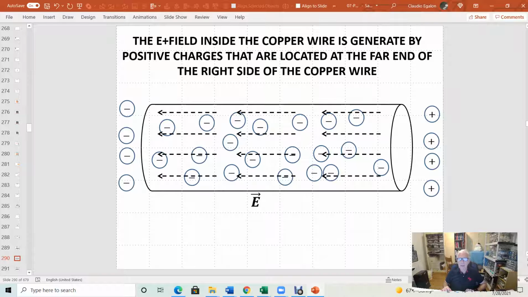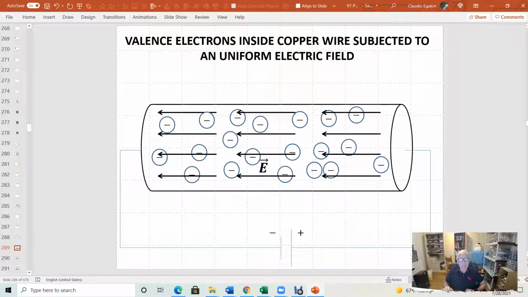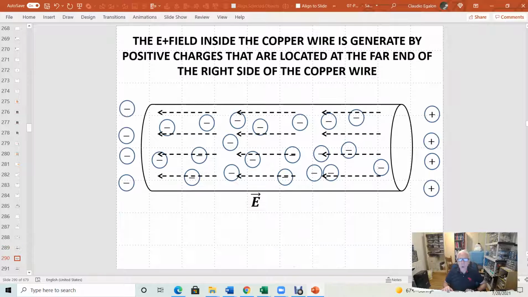When you put a battery here, it is as though we have a distribution of positive charges on one extreme of the wire and a distribution of negative charges on the other extreme of the wire. That's a very good way to picture what happens inside the wire. Those broken lines here are the electric field inside the wire.